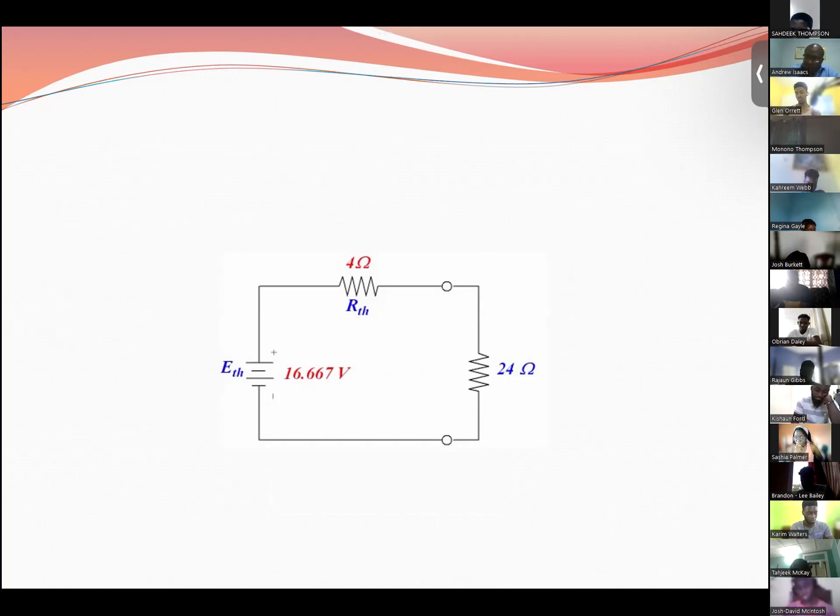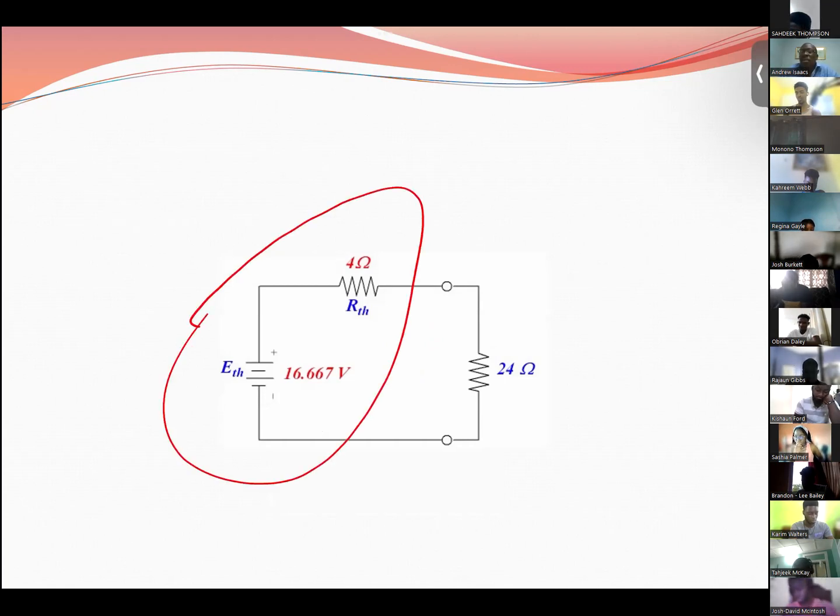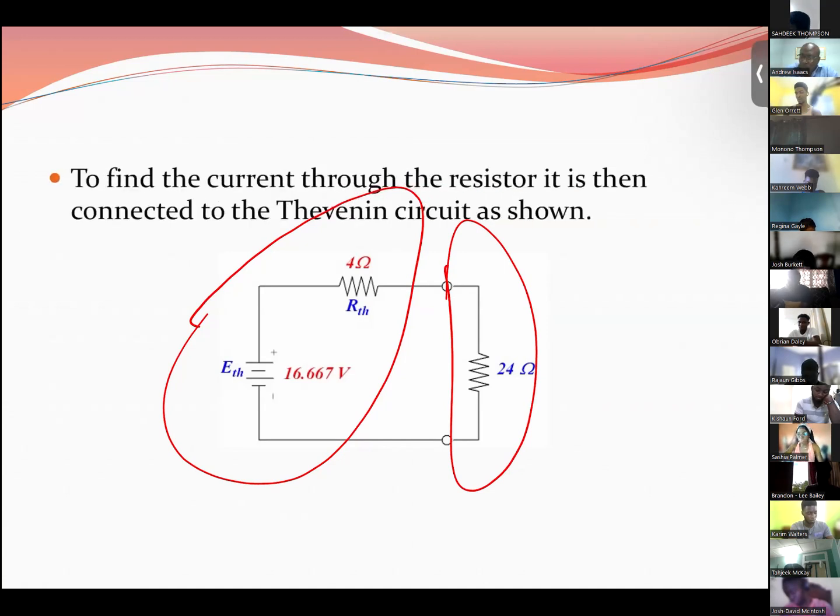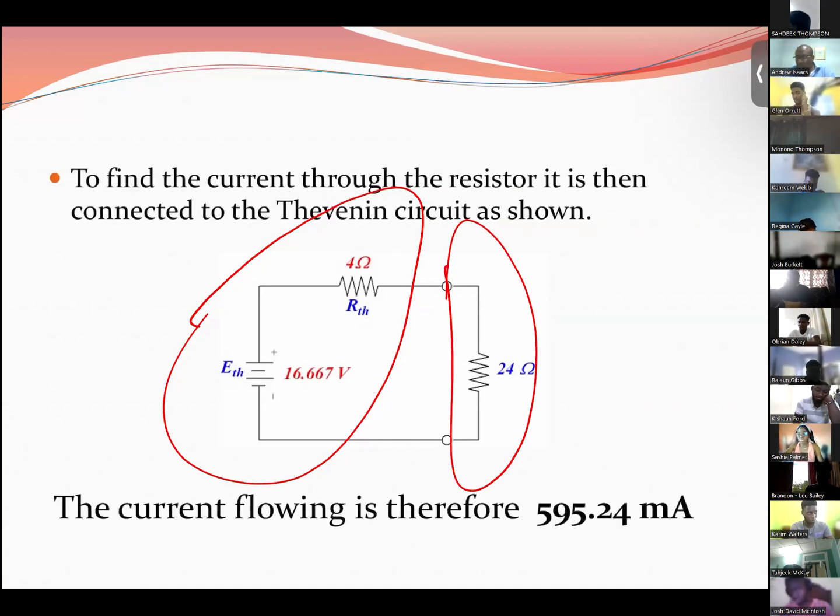So this is my Thevenin equivalent, yes? And I'm reconnecting the load to it, which is a 24 ohm resistor. And the current through the 24 is therefore 595.24, which is 16.667 over 28.